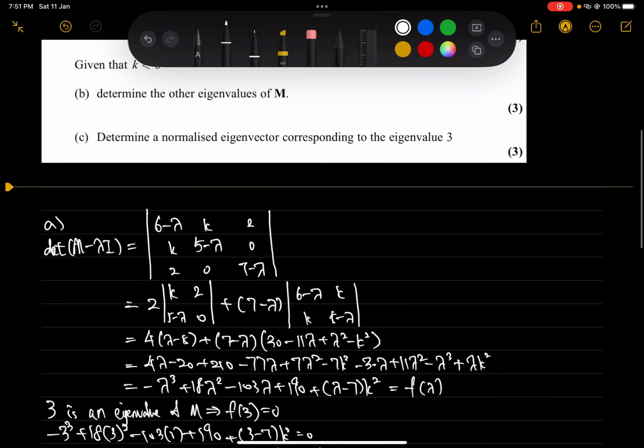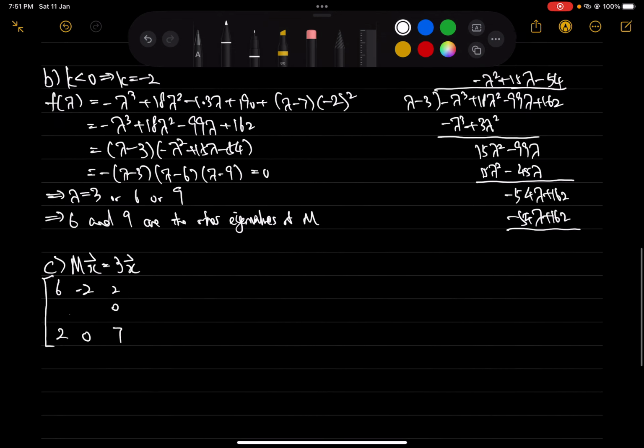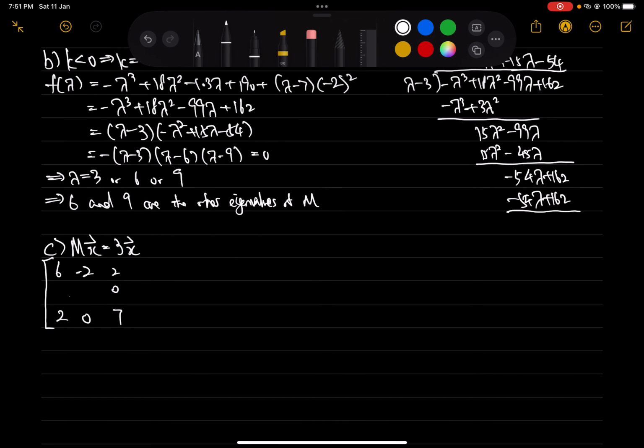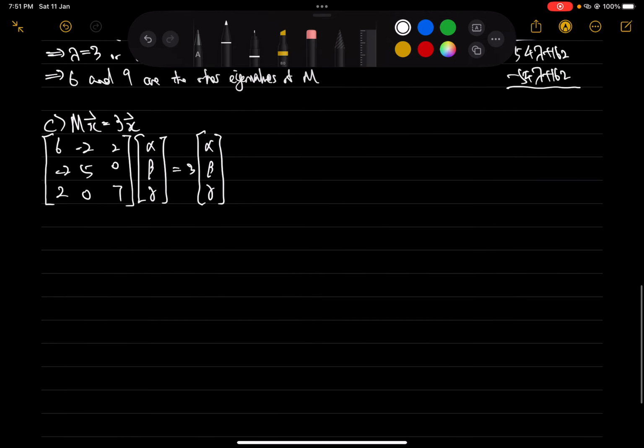And then that's M minus lambda I. Hold on. So we have this is equal to the right hand side.